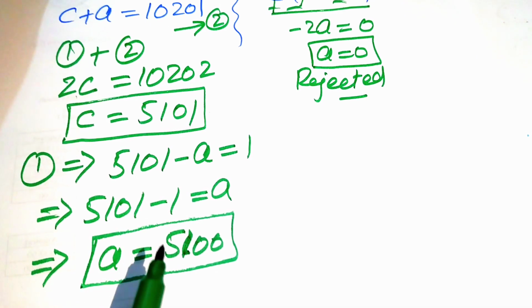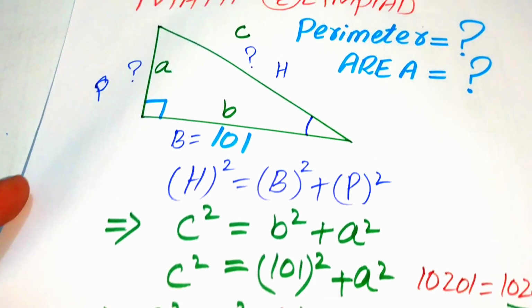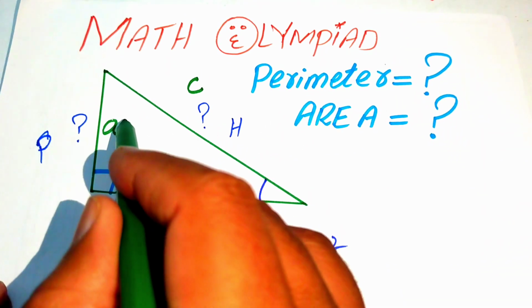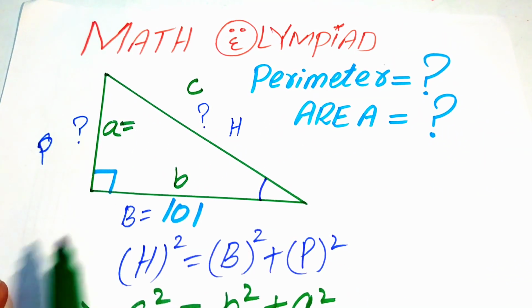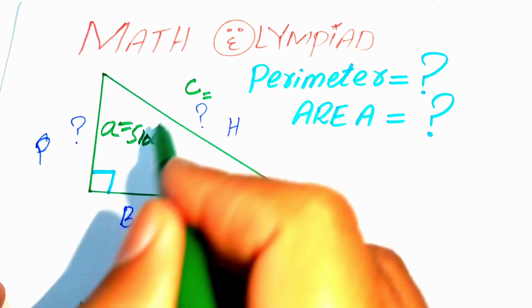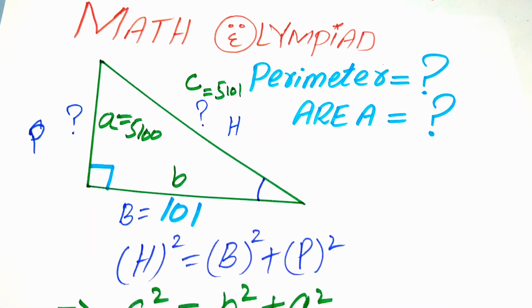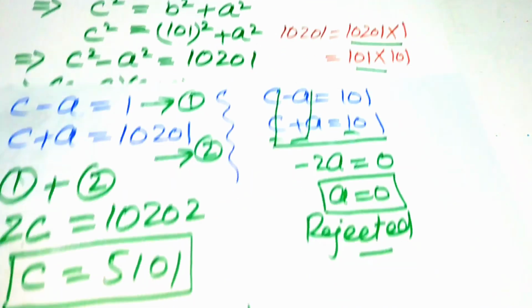So here we find the values of a and c. It means that the value of a equals 5100 and the value of c equals 5101. And now we move towards finding the area and perimeter.